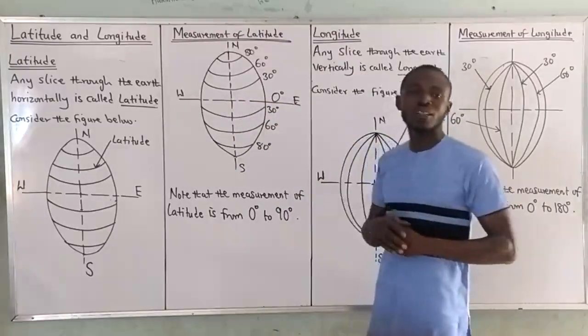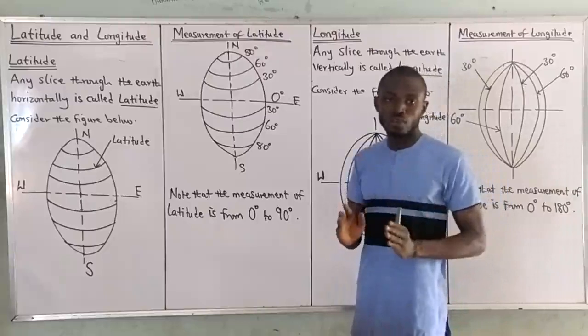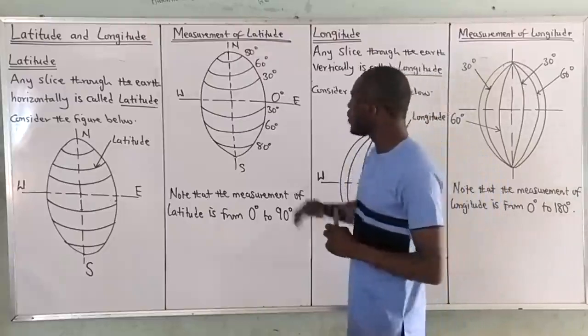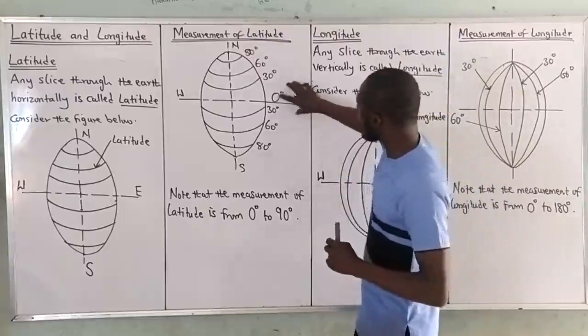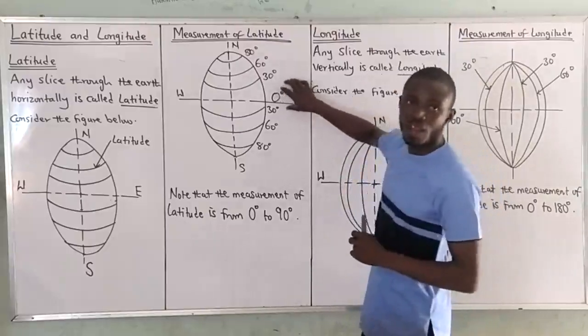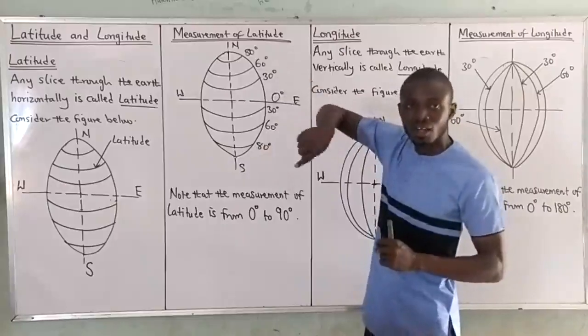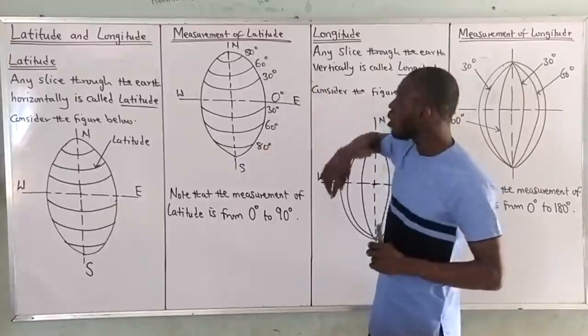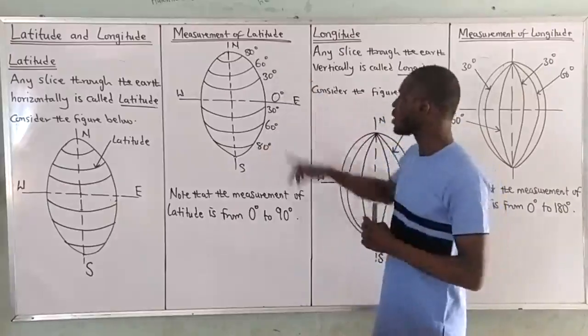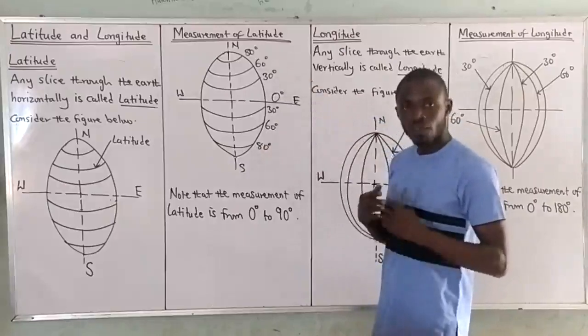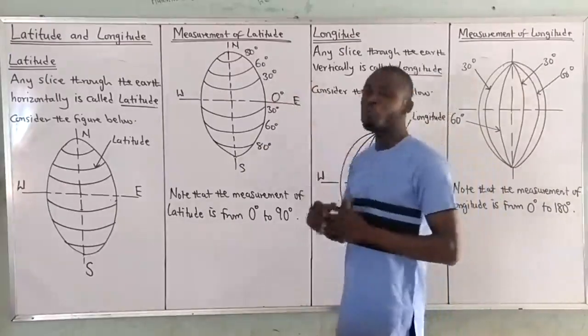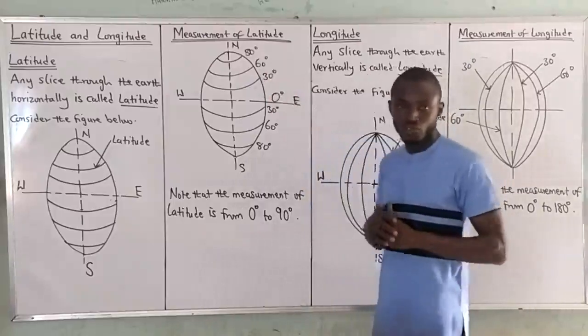From the equator, we call it 0 degree. That is sliced at the center, which we call the equator, and we tag it as 0 degree.